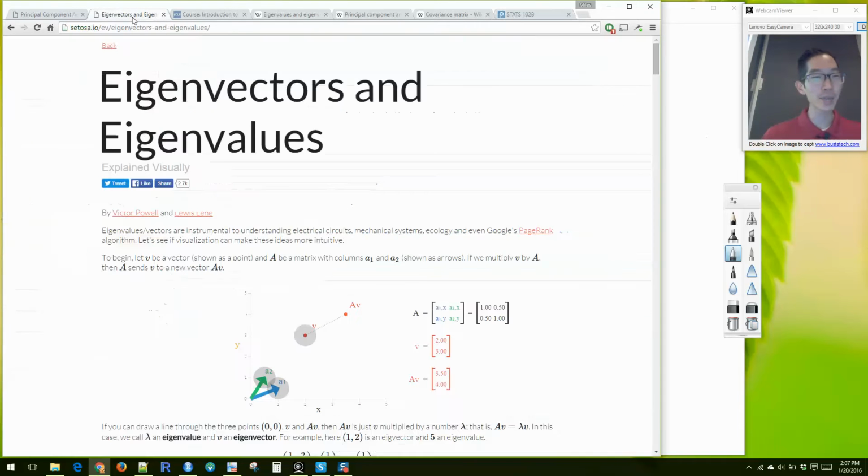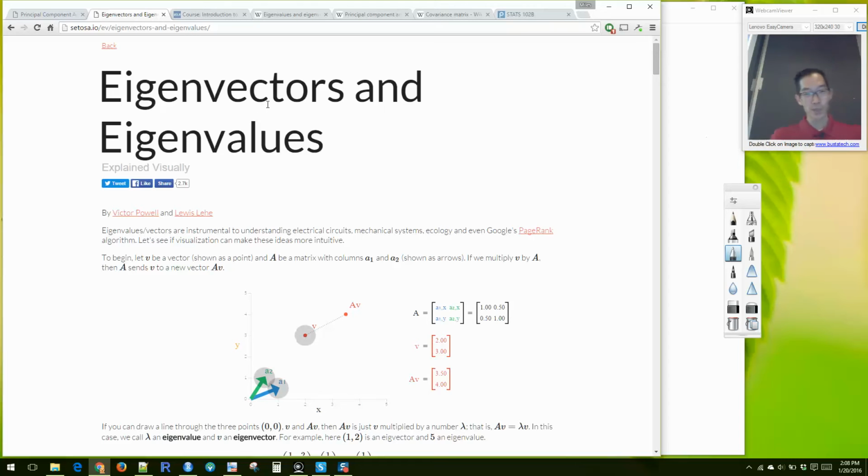I came across this thing while searching for useful ways to explain eigenvectors and eigenvalues. As a student, I struggled very much with this concept myself. I have an understanding now, but it was difficult for me when I was learning.